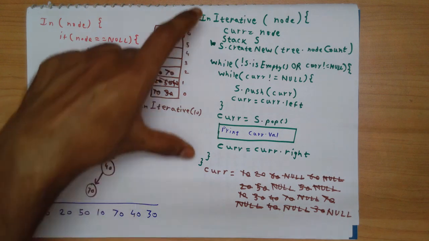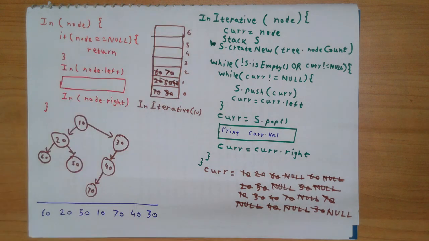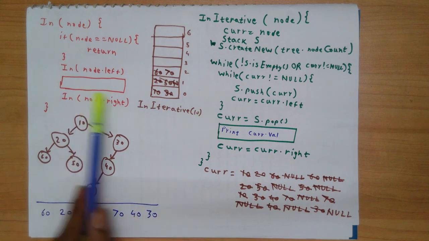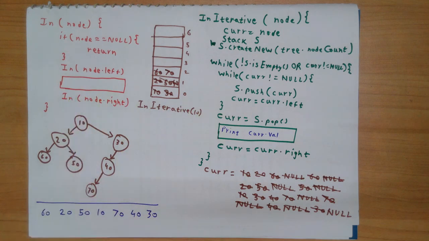So the total time complexity of this in-order traversal performed in an iterative manner is theta n. Where it differs from the recursive logic is that it doesn't have any recursive calls. So that's the difference. But we are still using stacks. Recursion still uses a stack by using recursive calls. We are using an explicit stack. That's the difference.